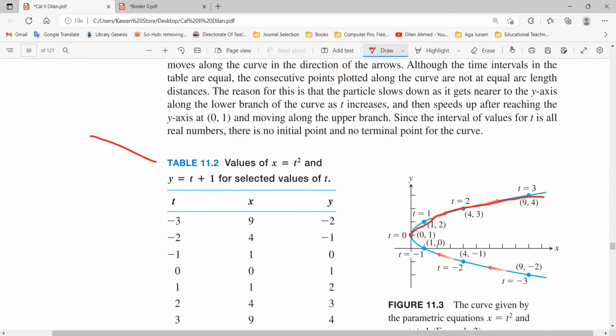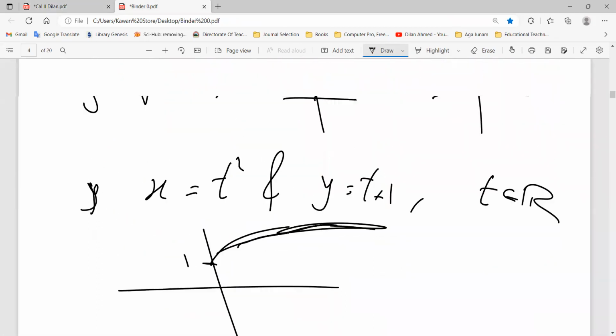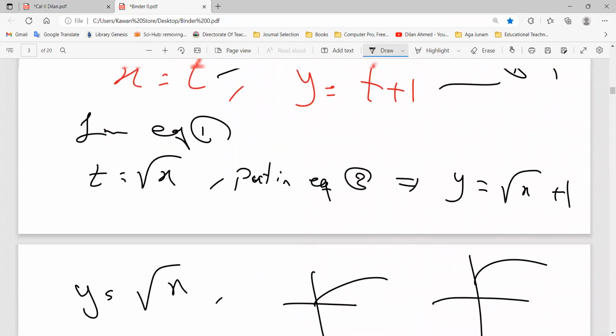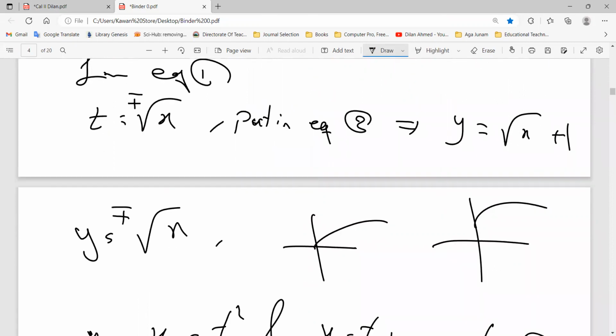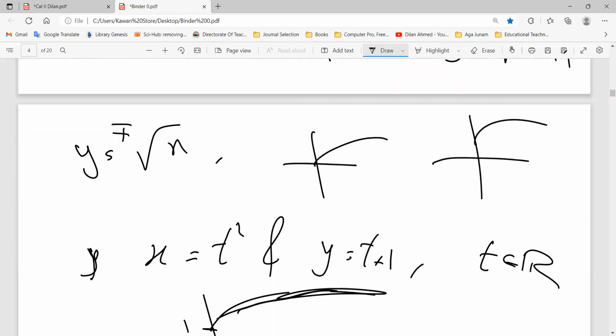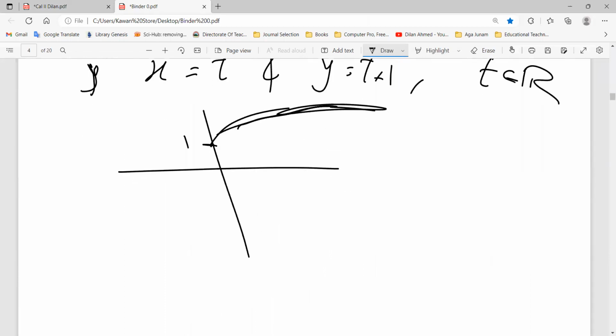Okay. So tell me about when I took t equal to the square root of x. Is it alone? No, of course not, because we have plus and minus. So if I have y equal to the square root of x, how about y equal to minus the square root of x?